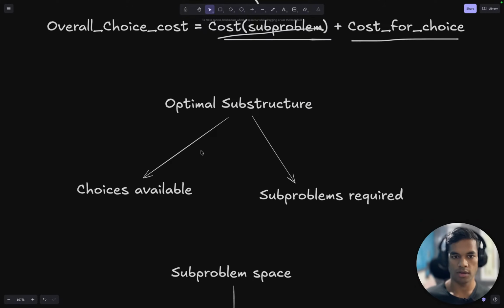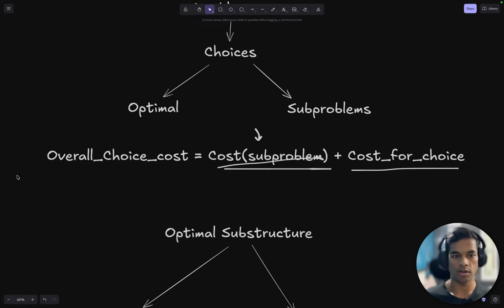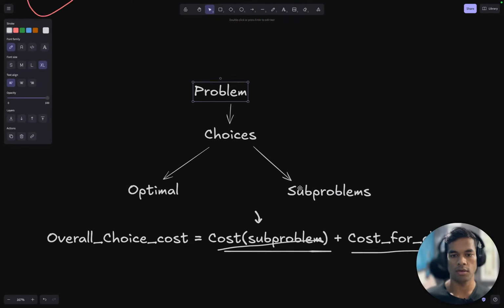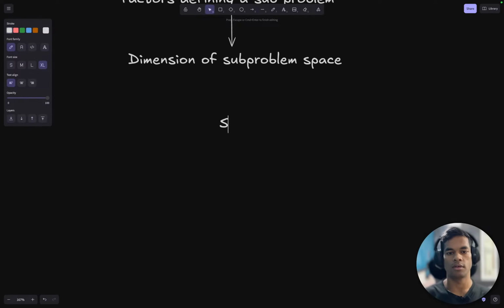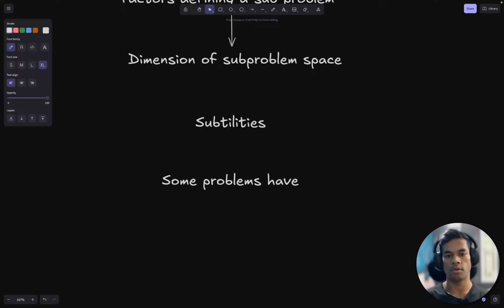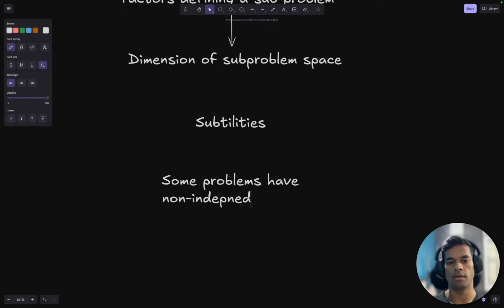Okay, we did the cost part, how we find the cost, that there are choices, then there are problems, and there is the fact about subtleties, where we saw that some problems have non-independent subproblems.